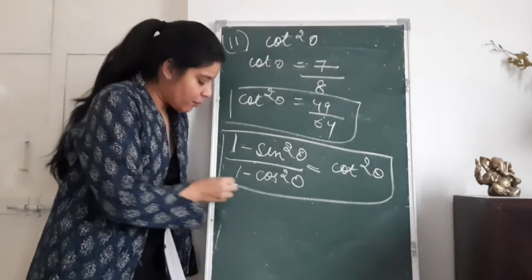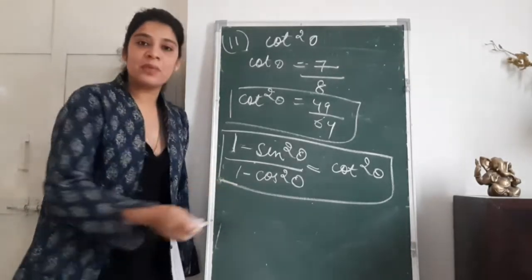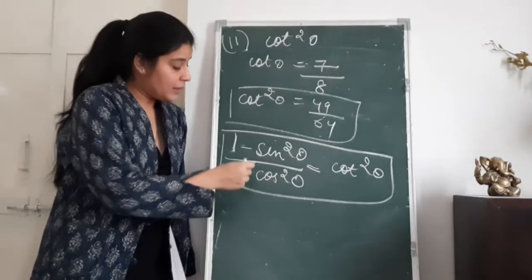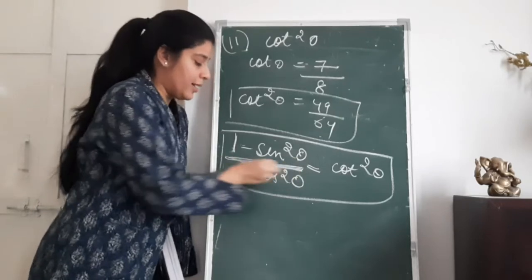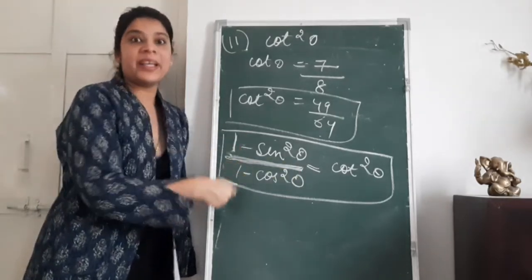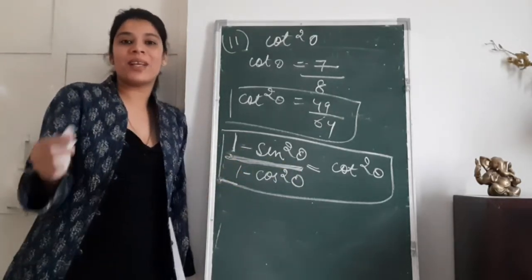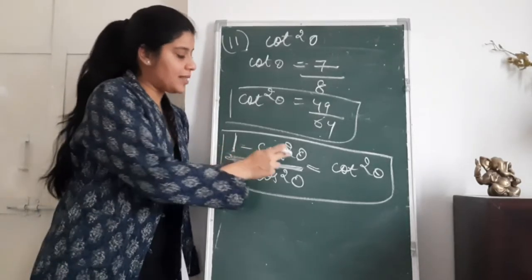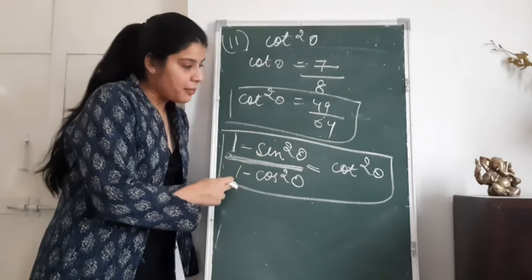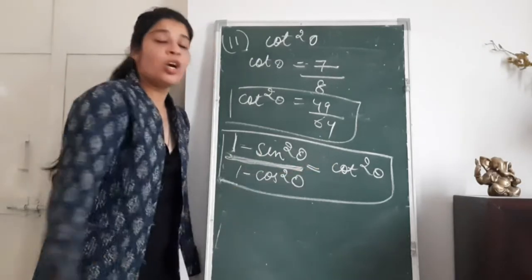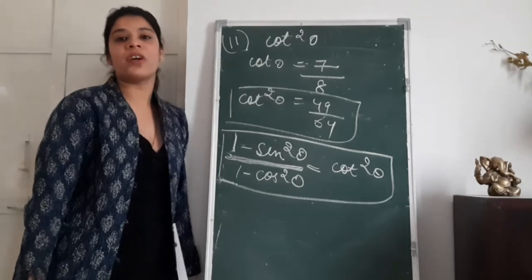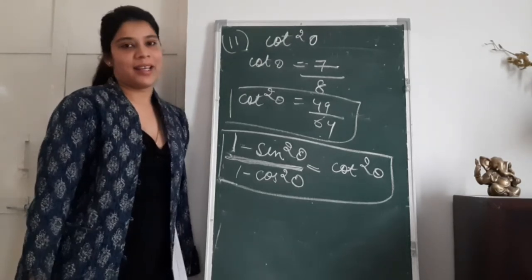This is a very important property from the competitive exams point of view, and sometimes it can come even in your board exam, and you should remember it. If you remember this property directly, then a lot of questions will get easier for you. So you have to remember that 1 minus sin squared theta upon 1 minus cos squared theta is equal to cot squared theta when theta is an acute angle of a right angled triangle.